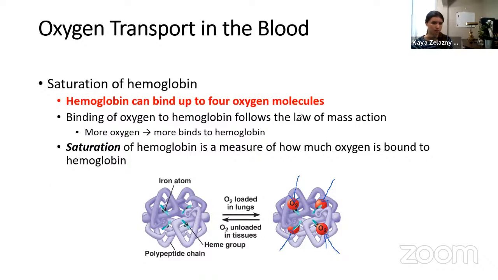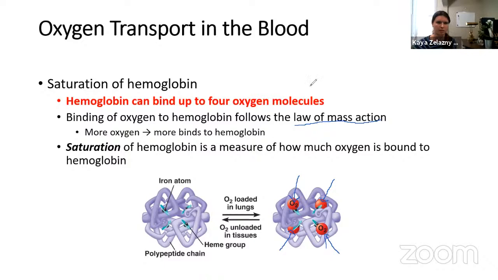So like other things in this class, the binding of oxygen to hemoglobin follows the law of mass action. That basically just says if there's more of something, that reaction is going to proceed in the right direction. More oxygen creates more binding of oxygen to hemoglobin.